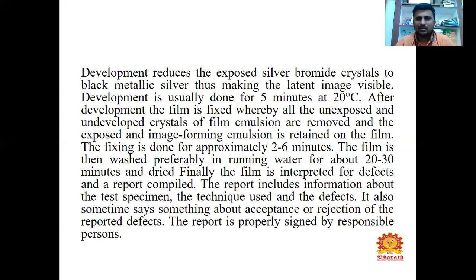After development, the film is fixed, whereby all the unexposed and undeveloped crystals of the film emulsion are removed, and the exposed, image-forming emulsion is retained on the film. The fixing is done for approximately 2 to 6 minutes.